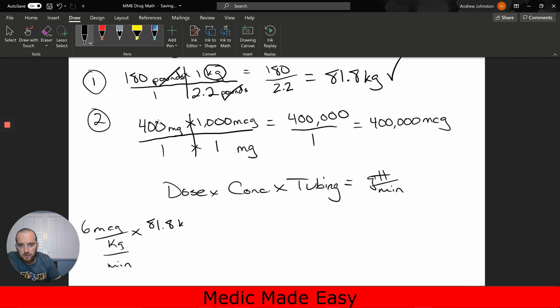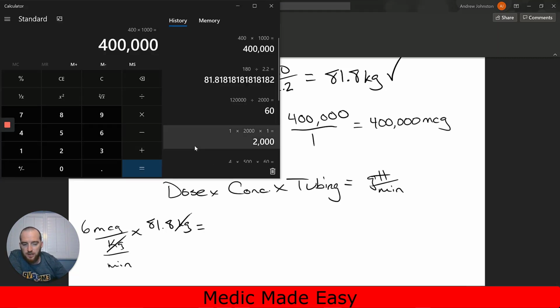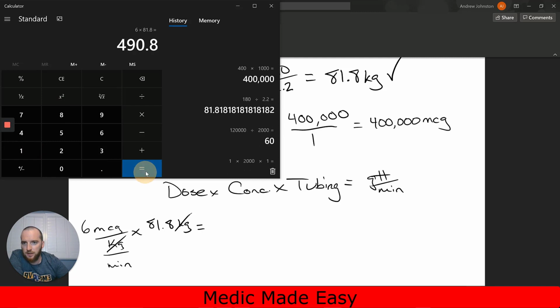The reason why we have to do that is because we're giving 6 micrograms for every 1 kilogram. So we're going to need 6 micrograms, 6 micrograms, all the way up to 81.8 kilograms. So we do that by multiplying it. That also will remove our kilograms once we're done with it. So we have 6 micrograms times 81.8 kilograms is 490.8.